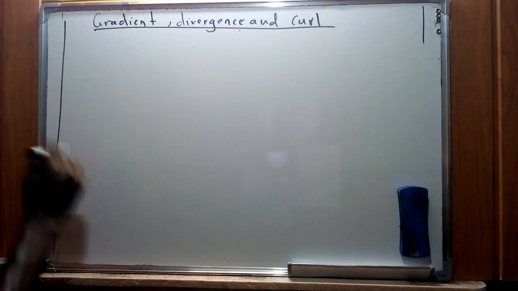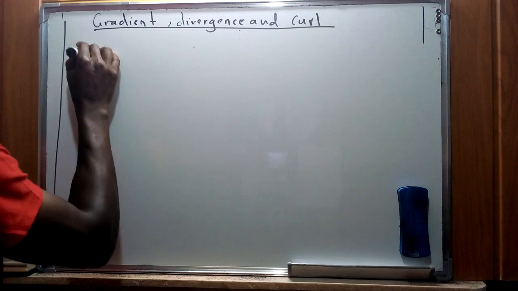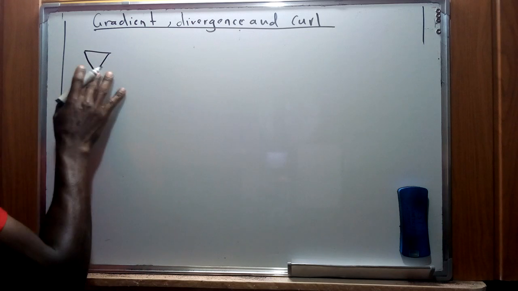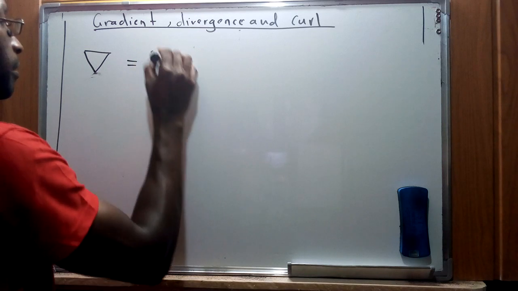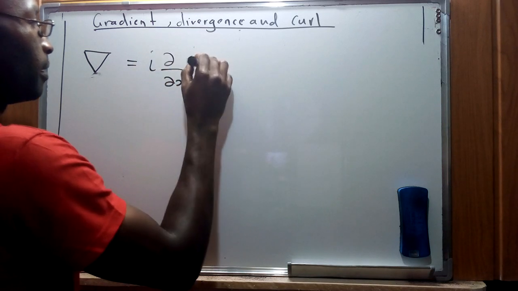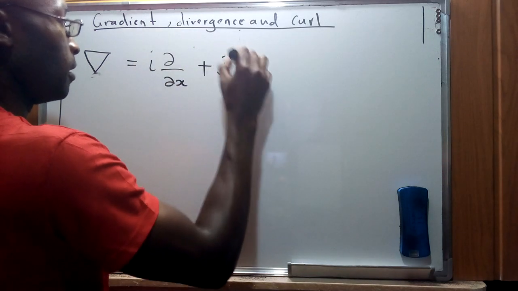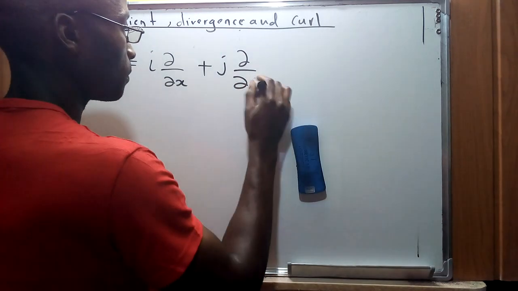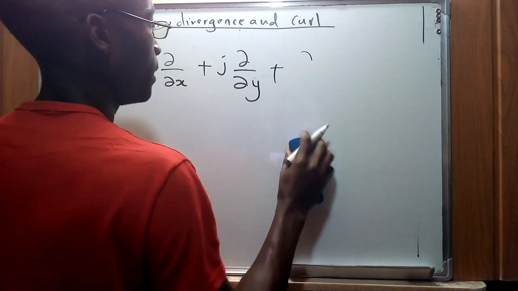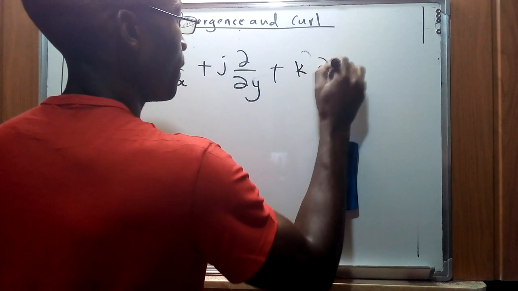Now this del is symbolized using this inverted triangle, and this symbol basically represents del y plus k dz.